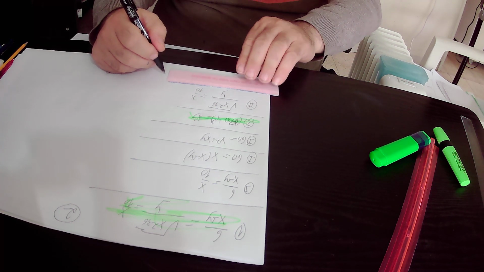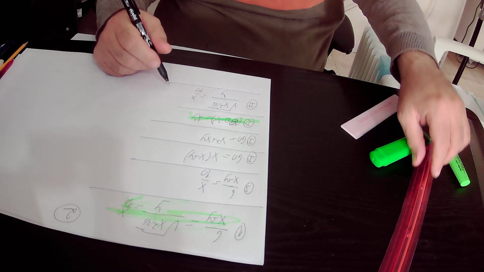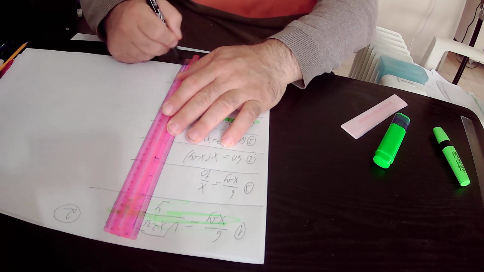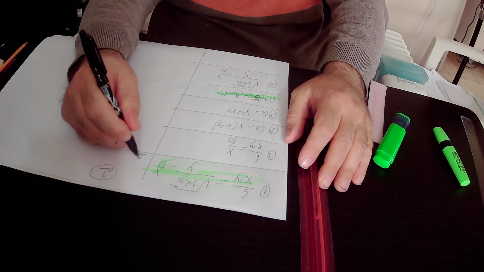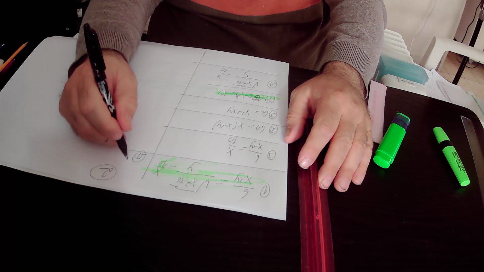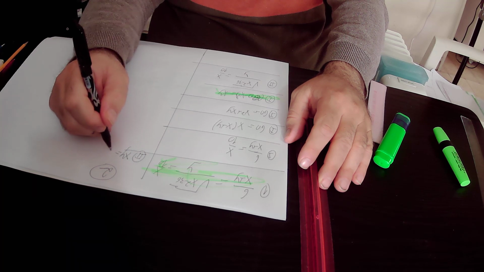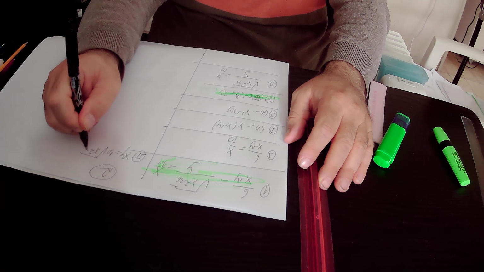Here we cross multiply this equation, and we get that according to equation number 2, xy is equal to 10 times the square root of x squared minus 36.